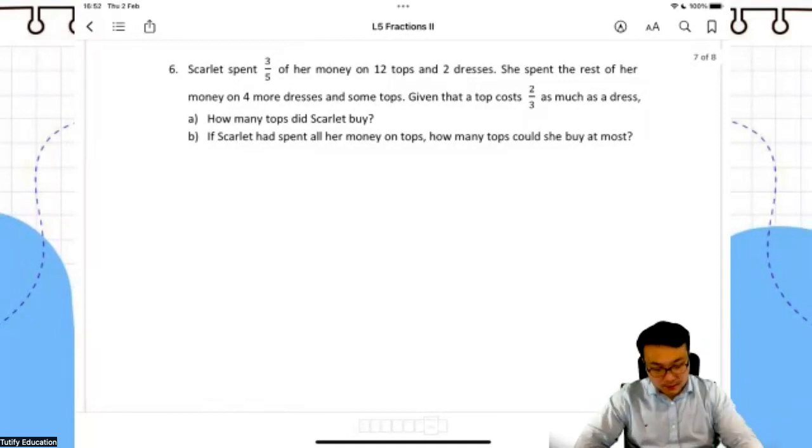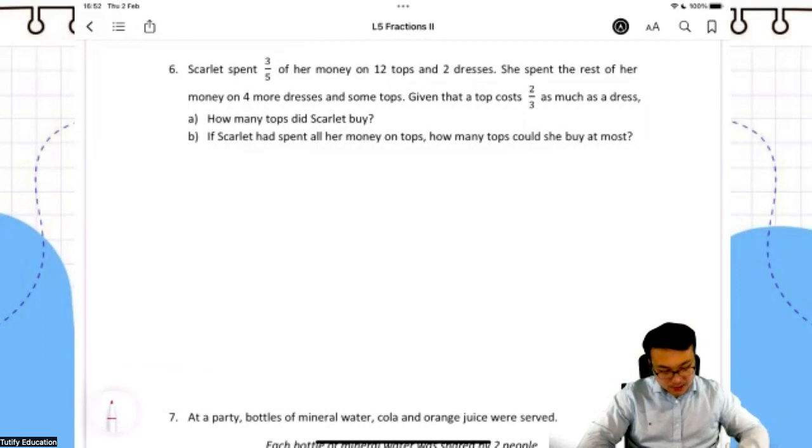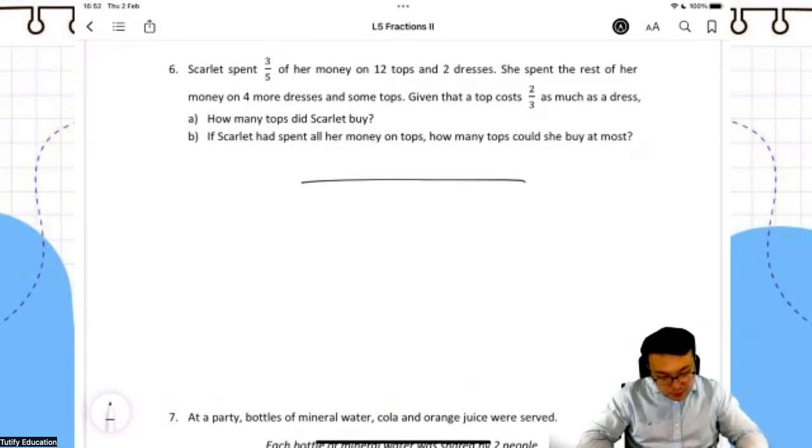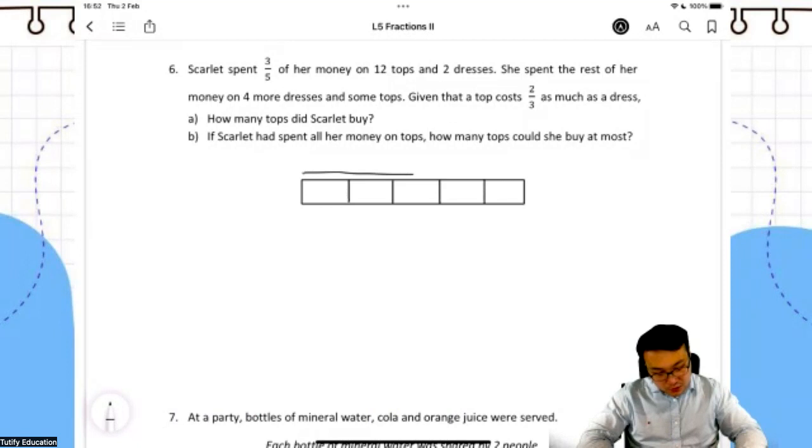All right. So, what does the question say? Scarlett spent 3/5 of her money. So that means if this were to represent the total amount of money, 3/5, we need to divide this into 5 units. And once we do that, then we can draw 3/5. 3 out of 5 on 12 tops and 2 dresses.